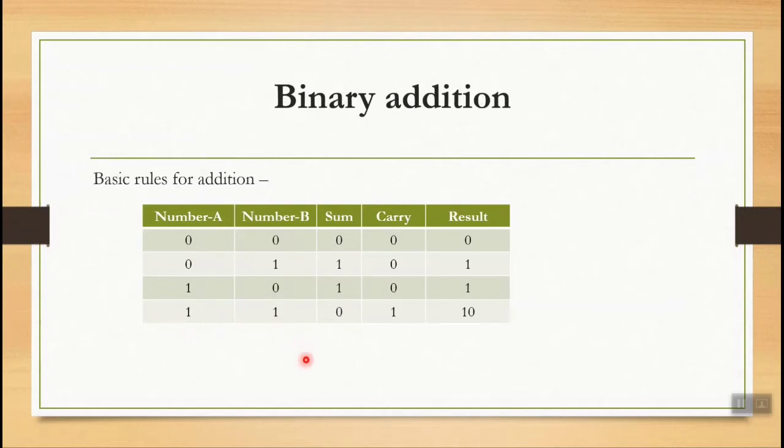Now add these two numbers. 0 plus 0 is 0. There is no carry forward. Result is 0. 0 plus 1 is 1. No carry forward. Result is 1. 1 plus 0 is also 1. No carry forward. Result is 1. But 1 plus 1 is 10. So the sum is 0, carry is 1. The final number is 10.